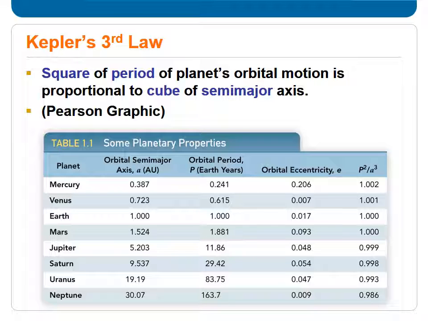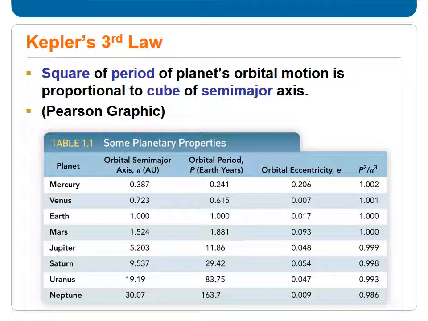From this, he was able to get a relationship. The square of the period is proportional to the cube of the semi-major axis. Here, where we use proportional reasoning, we measure the orbital semi-major axis in astronomical units, the distance from the Earth to the Sun, and the period in Earth years.